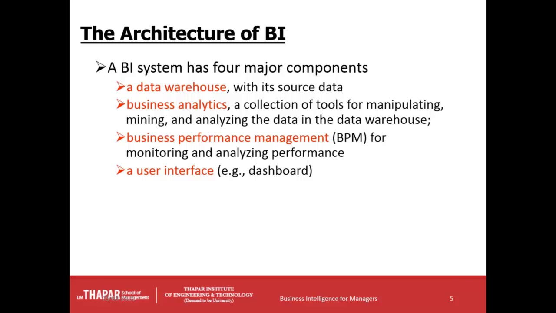That is the business performance management, which enables businesses to manage and monitor performance over a period of time. And the fourth key component of the architecture of BI is the user interface, which is quite similar to what we had in the case of a decision support system as well.